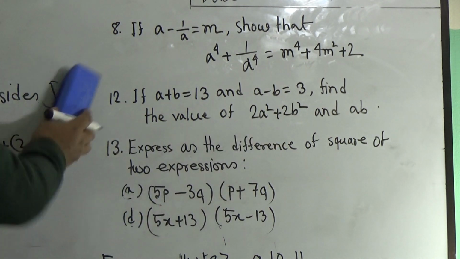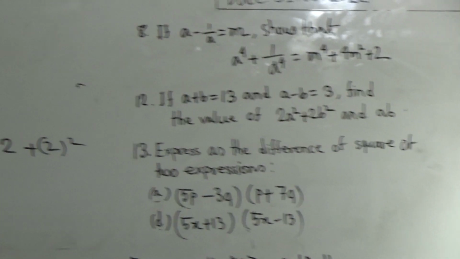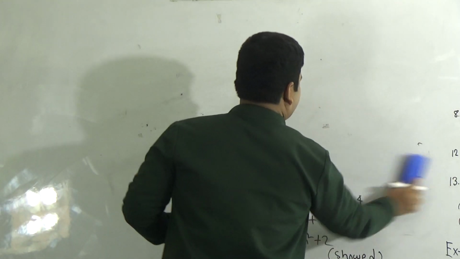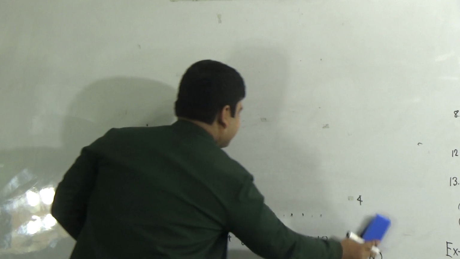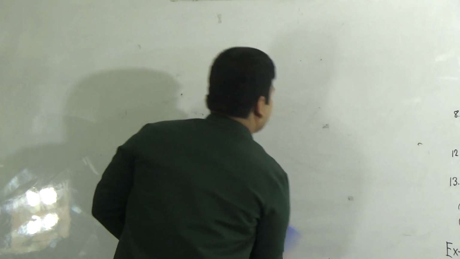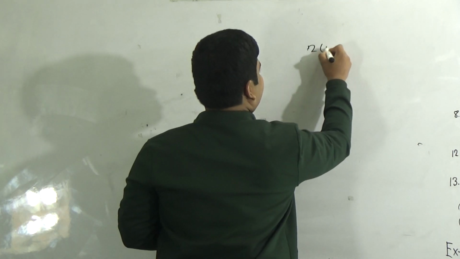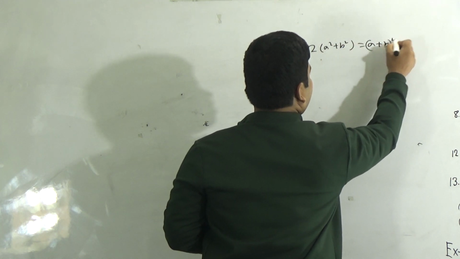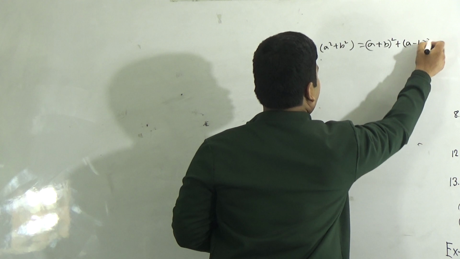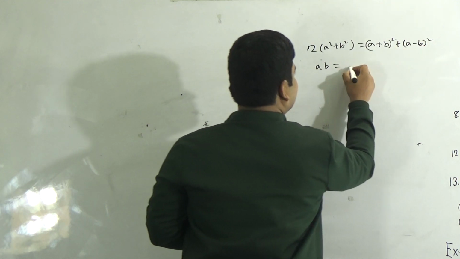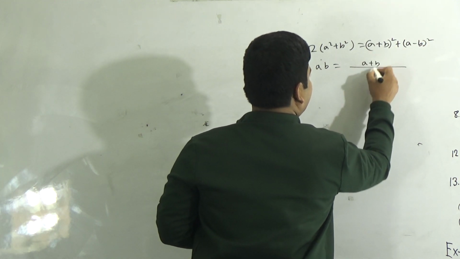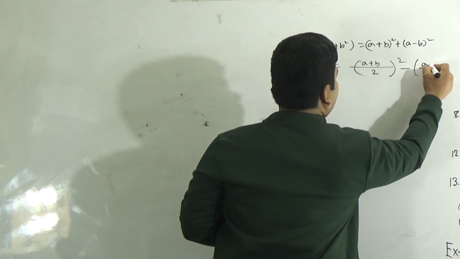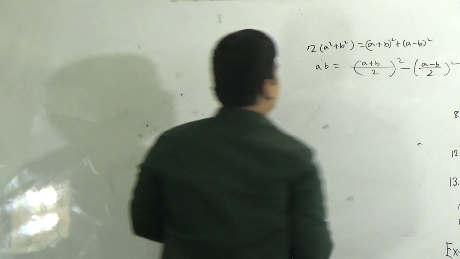Here two formulas are applicable, which are 2 into a square plus b square, and the formula for ab. Do you know these two formulas? I hope you know. 2 into a square plus b square means (a plus b) whole square plus (a minus b) whole square, and the formula for ab is (a plus b by 2) whole square minus (a minus b by 2) whole square.